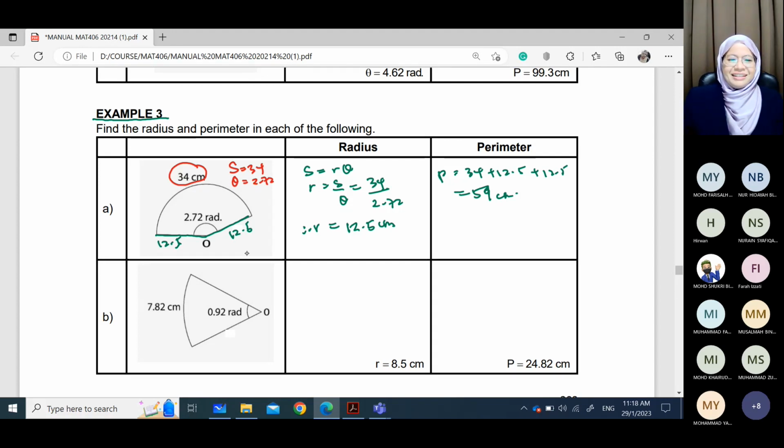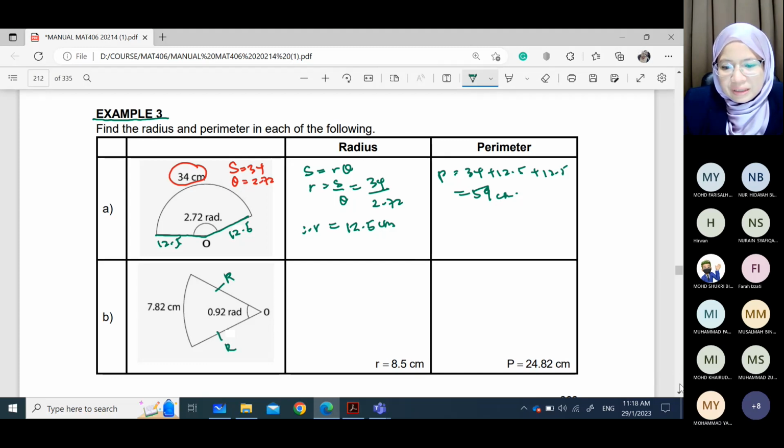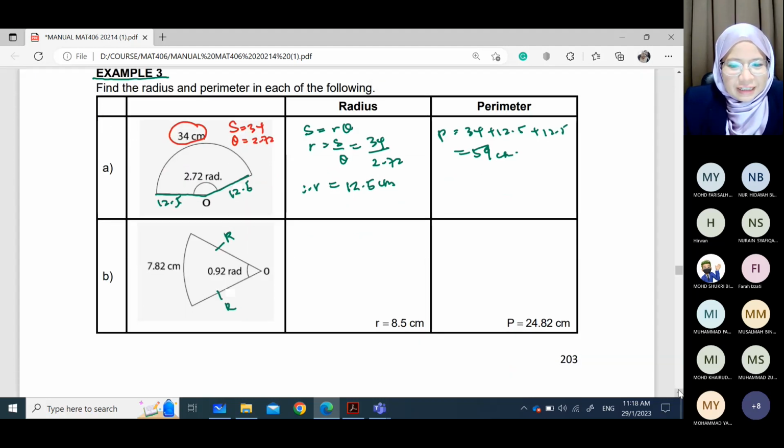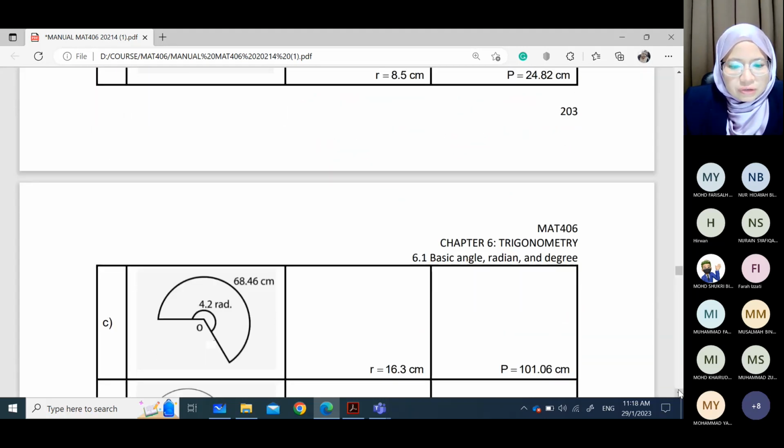Macam tu. Boleh? Boleh. So yang ini sama dengan yang ini lah sebab ini adalah radius. Radius. Boleh? Boleh. So kalau boleh kita tengok. Yep. Okay. Ada soalan tak? Example 3. Tak ada. Okay, kalau tak ada bagus.